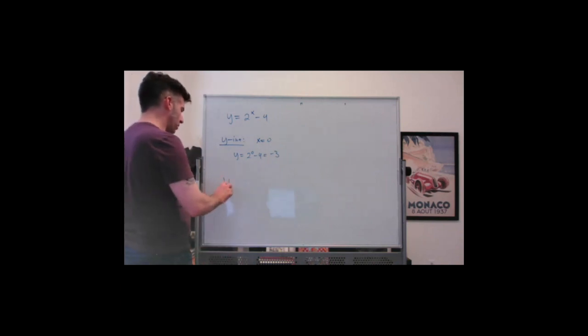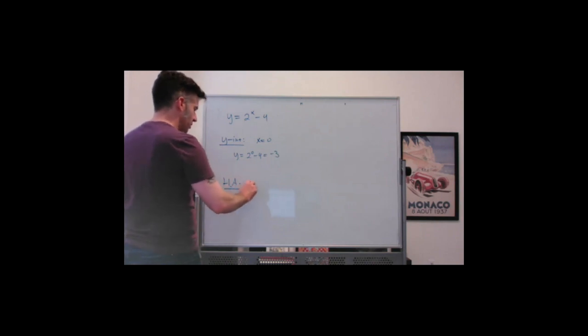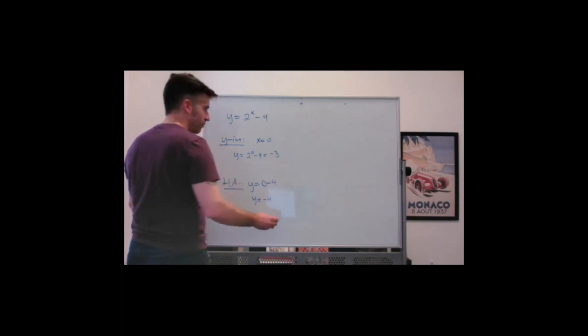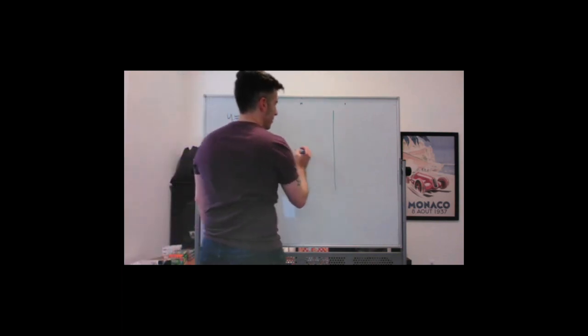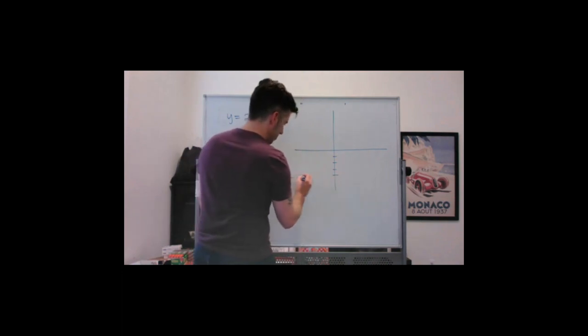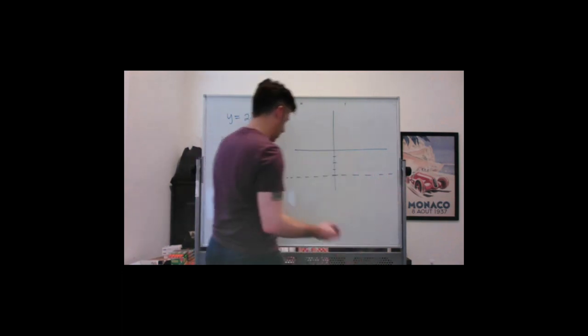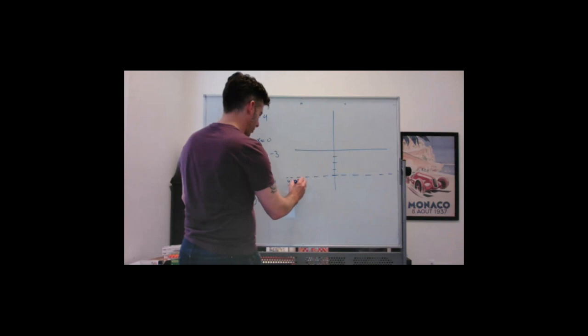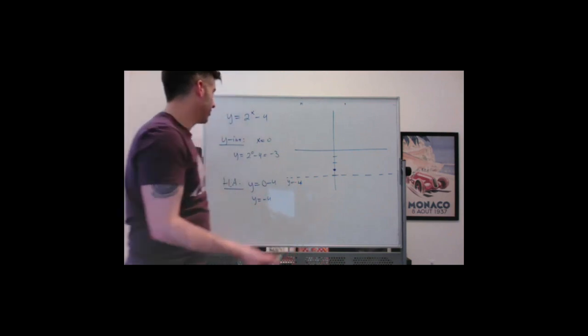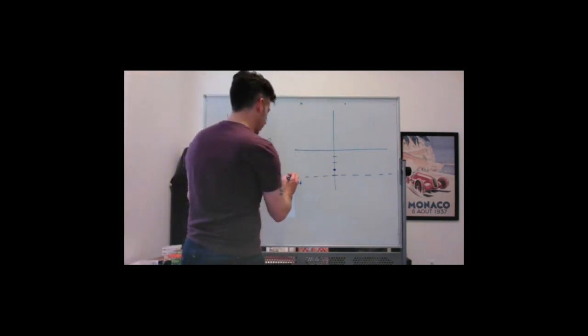My horizontal asymptote is going to be y equal to 0 minus 4. There's my horizontal asymptote of y equal to negative 4. Here is my y-intercept of 0, negative 3, and we graph it.